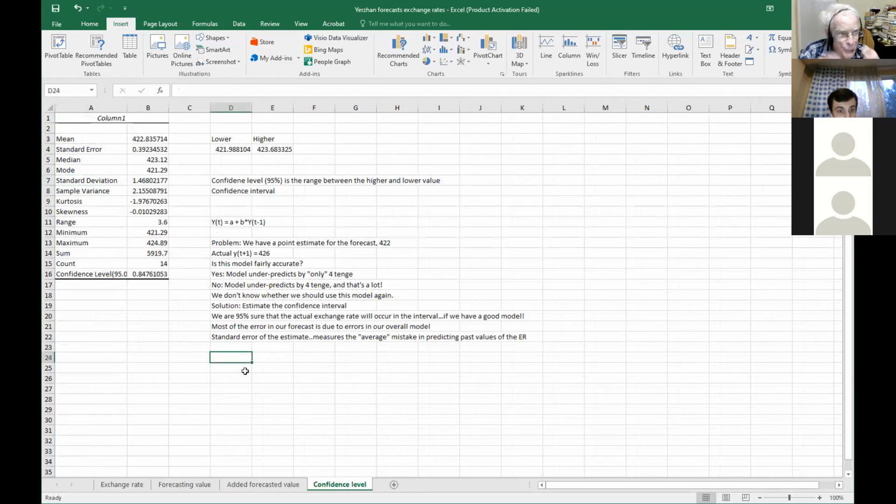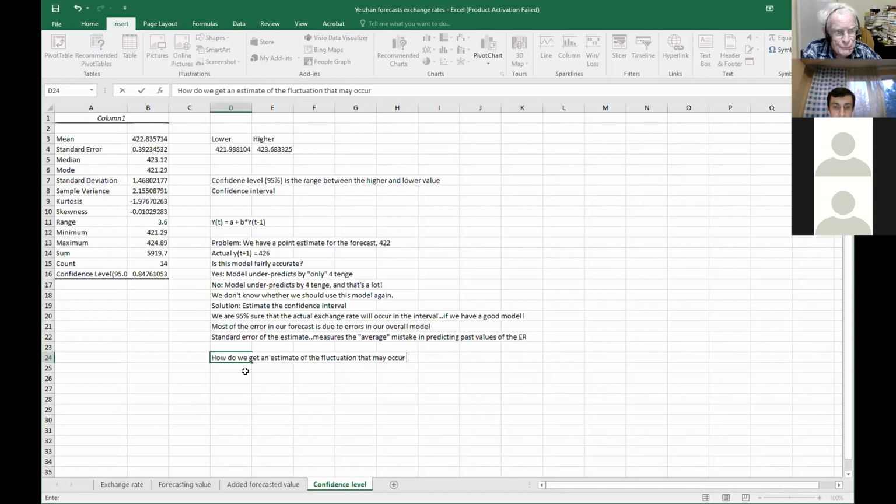Okay, so now how do we get an estimate of the fluctuation that may occur in the forecast if we are moving from one sample to another?